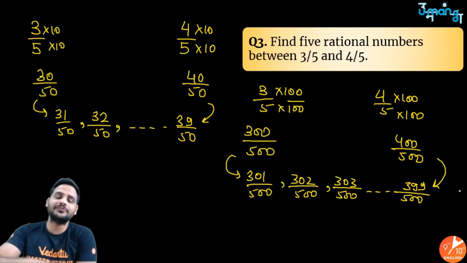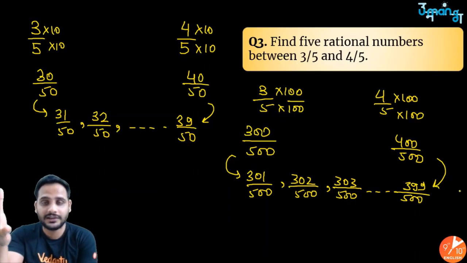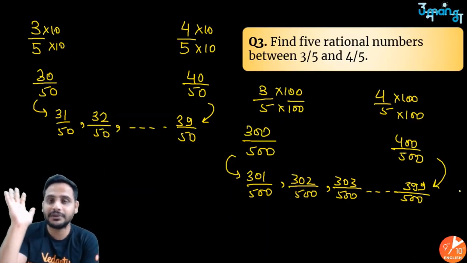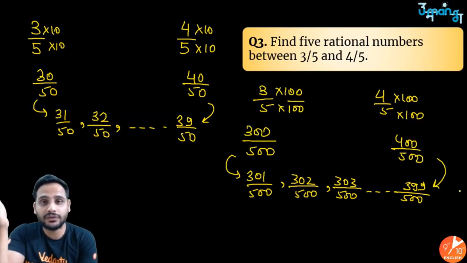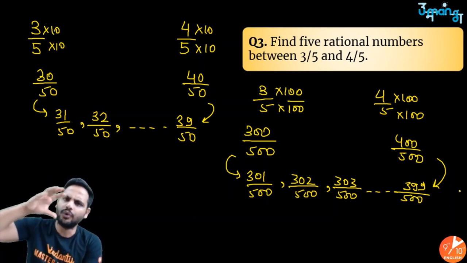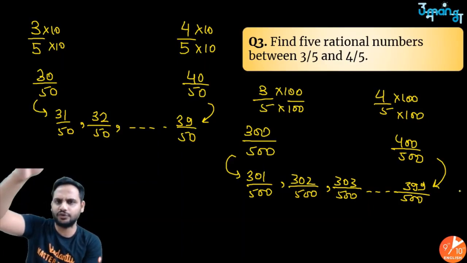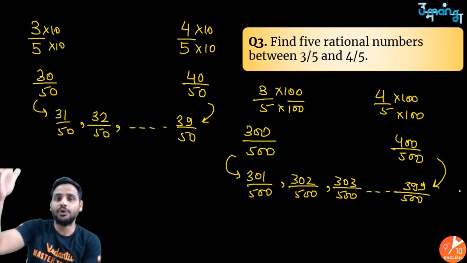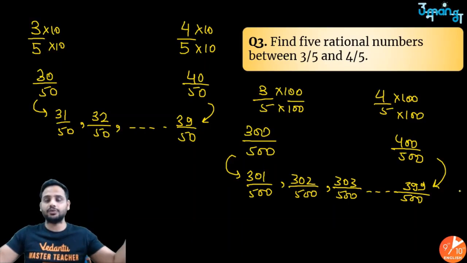Now in this way, if you multiply with 1000, there will be 999 numbers. If you multiply it with 10,000, 9,999 numbers. So in this way, the bigger the number you multiply the numerator and denominator with, the more numbers you will see in between two rational numbers.